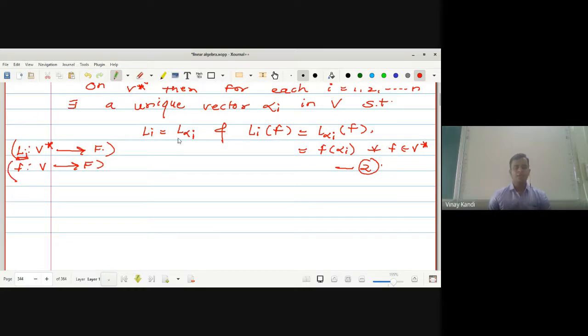And by the definition, Li of F is F of alpha i. Give it as equation number 2.